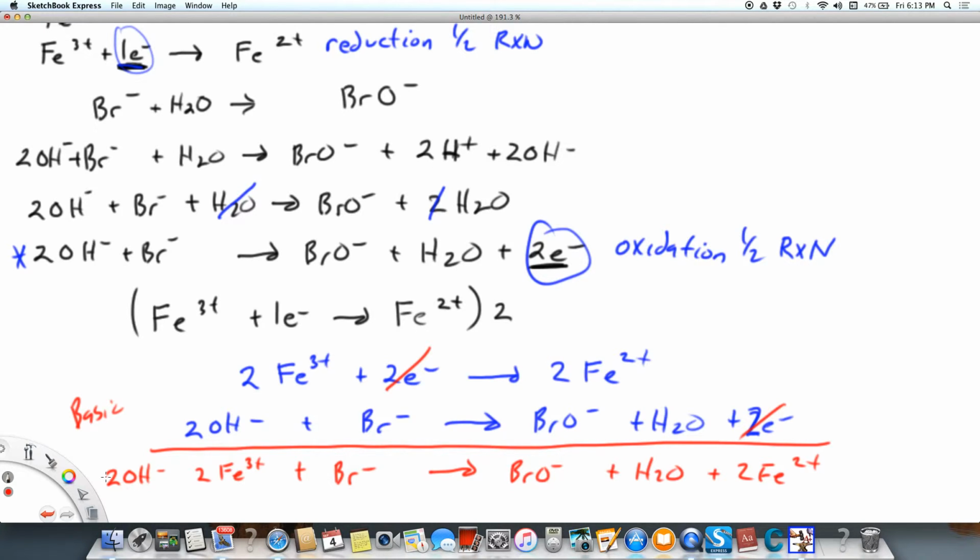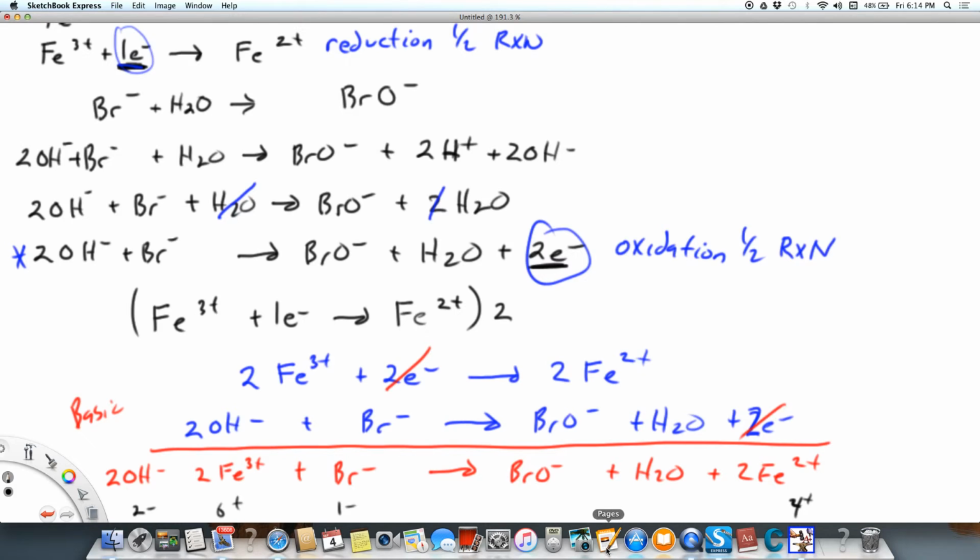Let's check the charges. Okay, I've got 2 minuses, I've got 6 pluses, and I've got another minus. So what's my net charge on the left? And then we want to check our net charge on the right. I've got 2 times 2 pluses, that's 4 pluses.